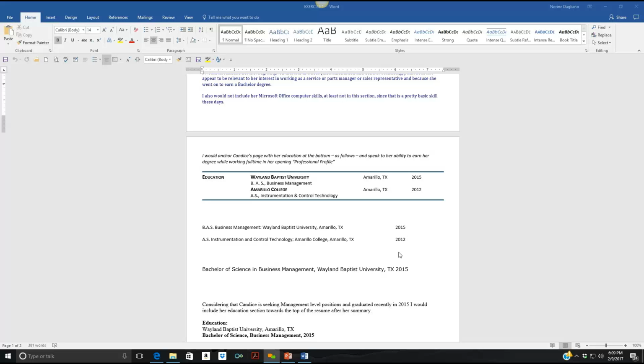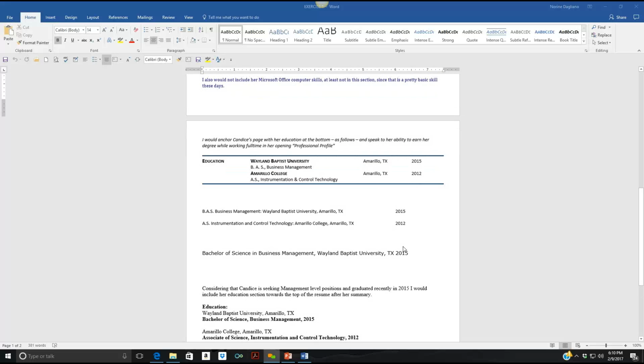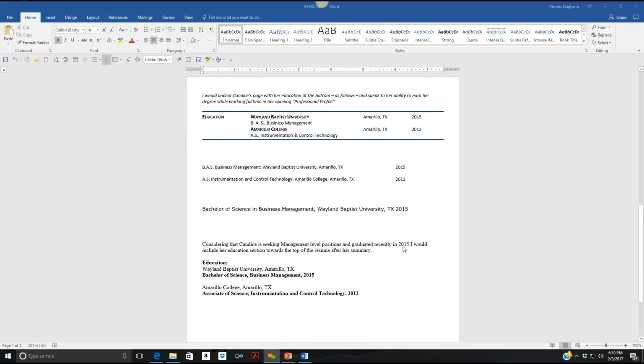Maybe she earned the AAS back in, let's say, '99, and the BAS is current. If you decide to list both degrees and you decide to give the date for one, for consistency, give the date for both of them. So just keep that in mind if you're working with a client that has more than one degree, and we'll actually see this show up in the other two exercises.